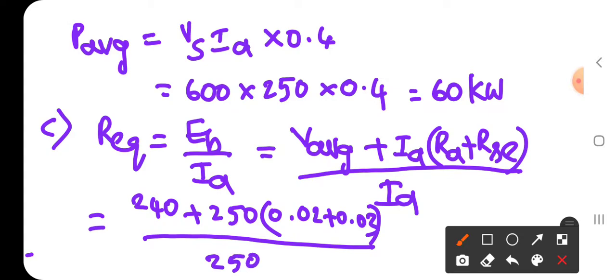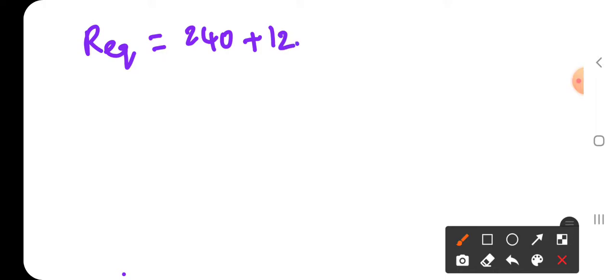Find out how much this value is. R equivalent is equal to 240 plus 250 into 0.05, which is nearly equal to 12.5, over 250.